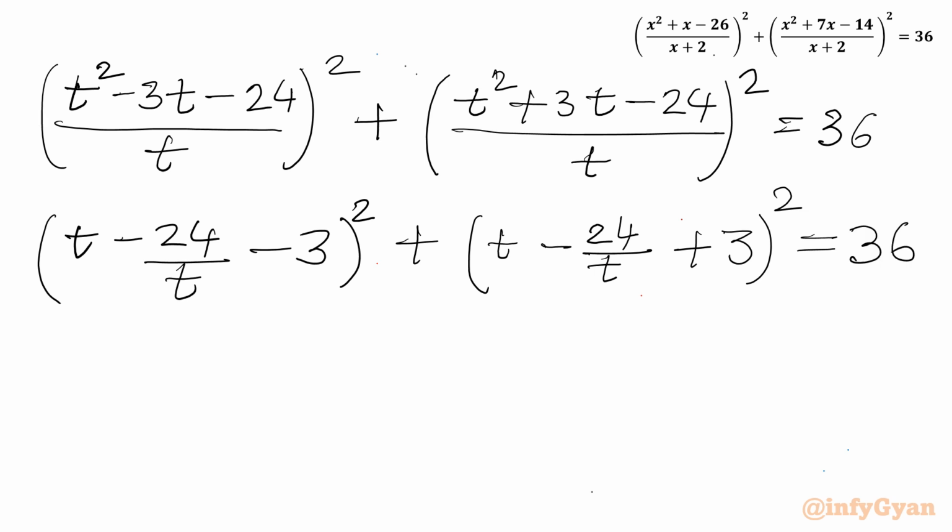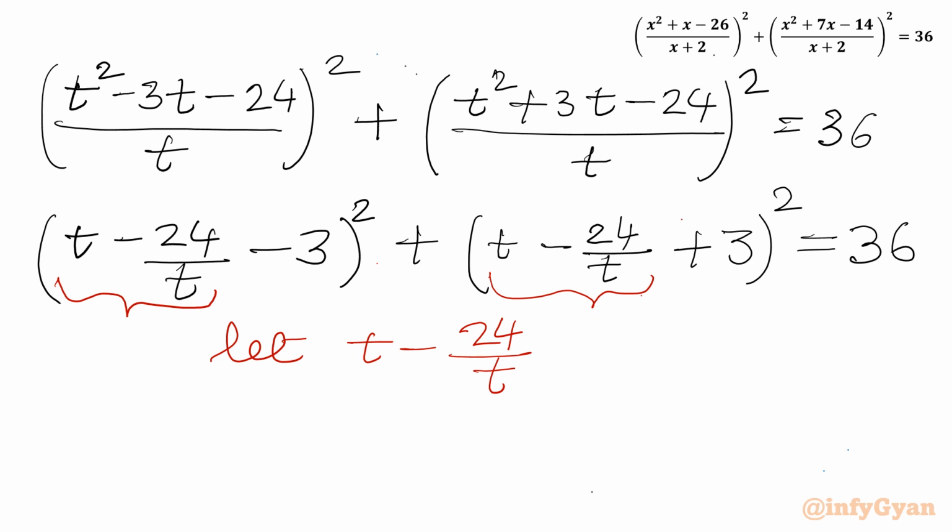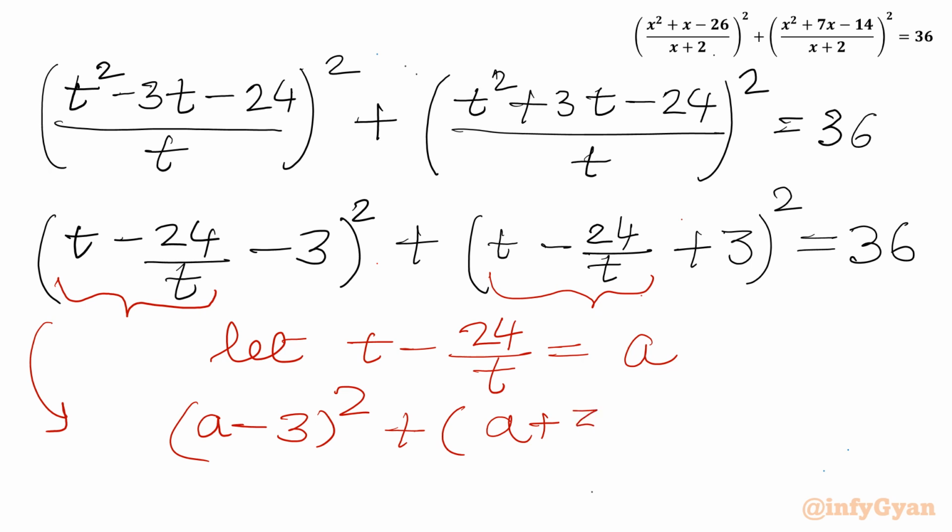Now you can see t − 24/t. This value we will consider another substitution. So let us write t − 24/t = a. Our equation will convert into (a − 3)² + (a + 3)² = 36. Let's solve.